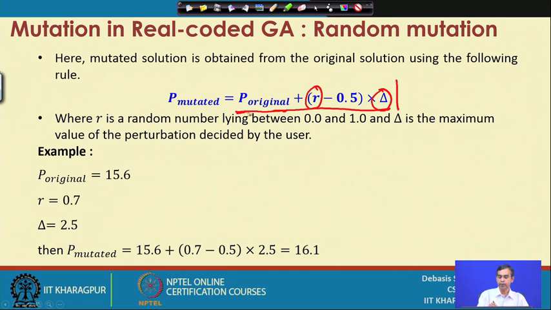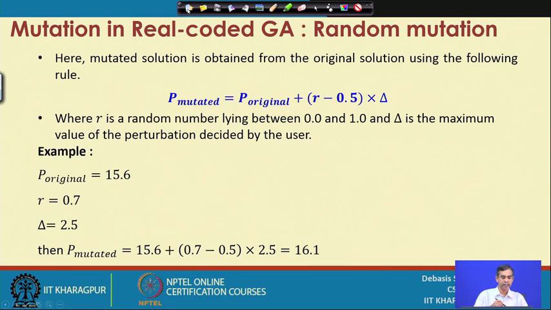If we compute this equation, it will produce a mutated chromosome denoted as P mutated. So, in this operation you have to generate a random number first, and delta is a predefined constant decided by the user, and then use this calculation. This calculation is simple, only some division, addition and multiplication, not a costly calculation, and then we will be able to obtain another value from a given value.